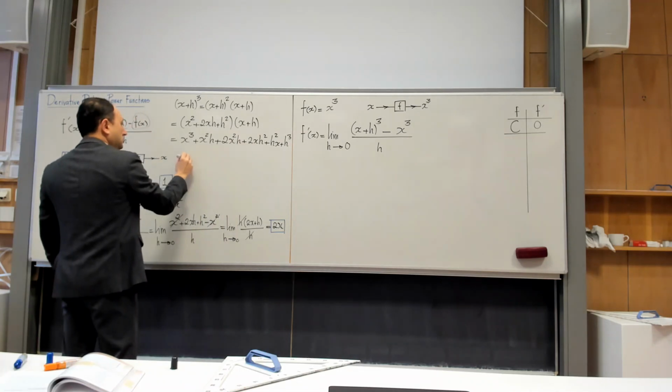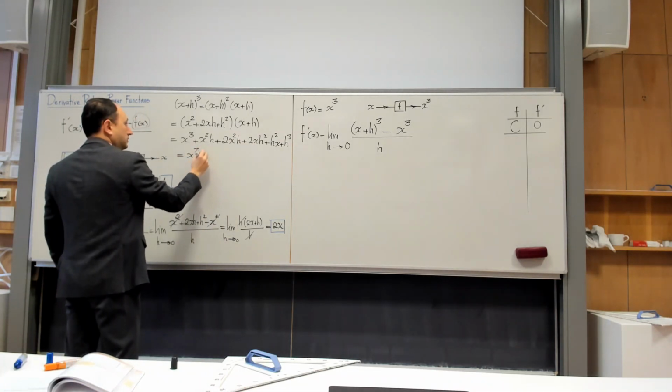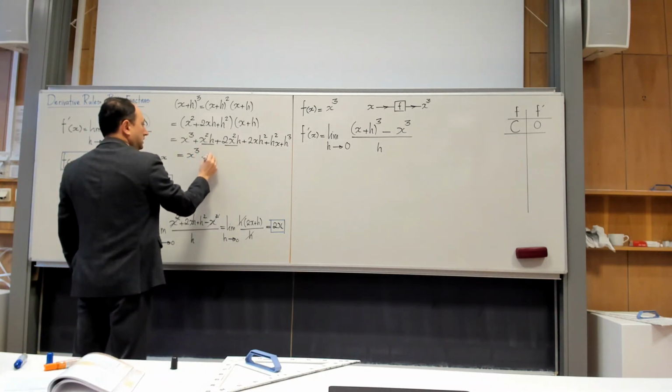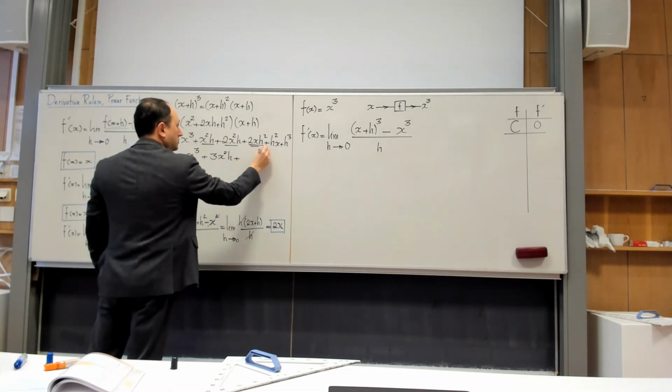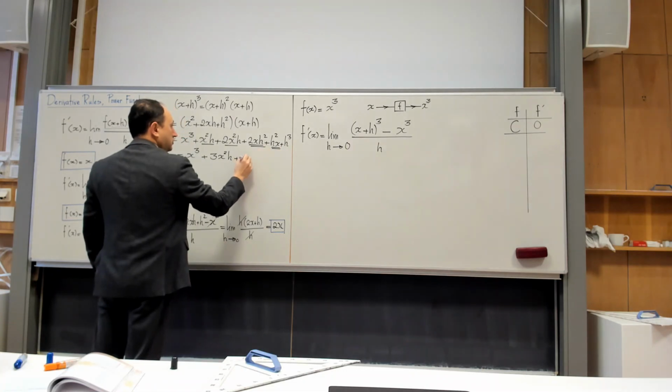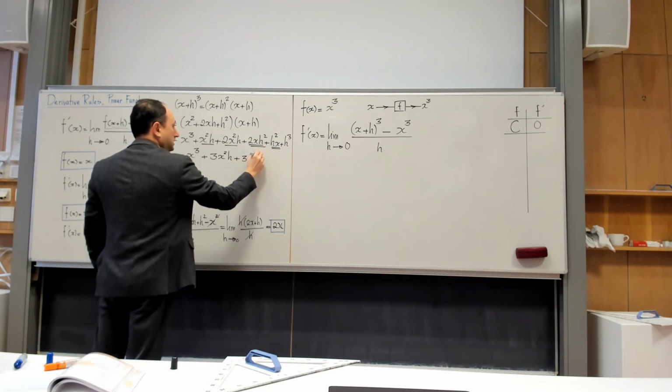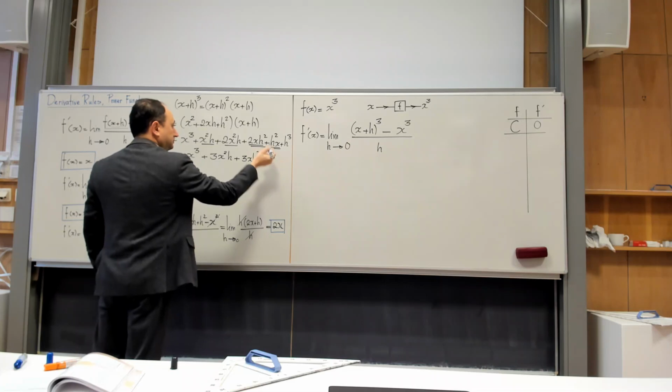And then I can simplify it even more. So x cubed, this one and that one are similar, so it becomes 3x squared h. These two are also similar, so it becomes 3xh squared, and then finally h cubed.